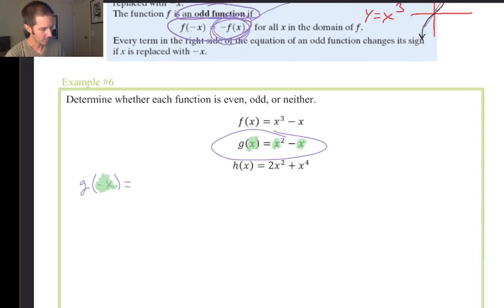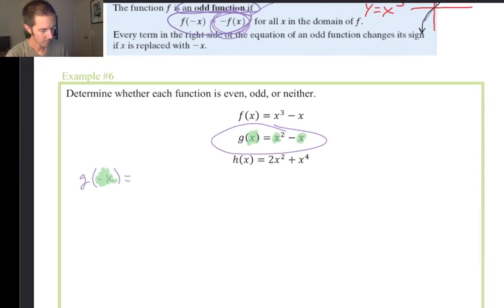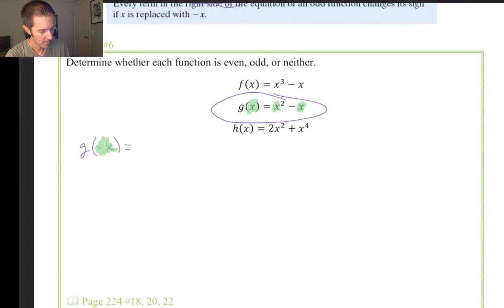So let's replace those with negative x's, and we get negative x quantity squared minus negative x. Notice that I put my new negative x's in parentheses. And when we simplify this, we get positive x squared plus x.